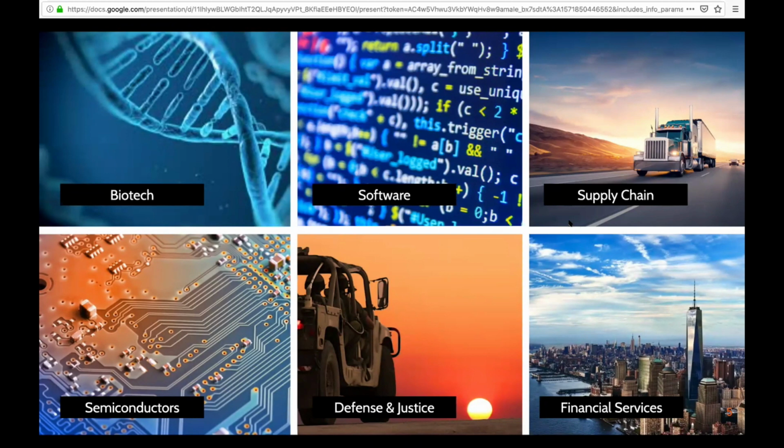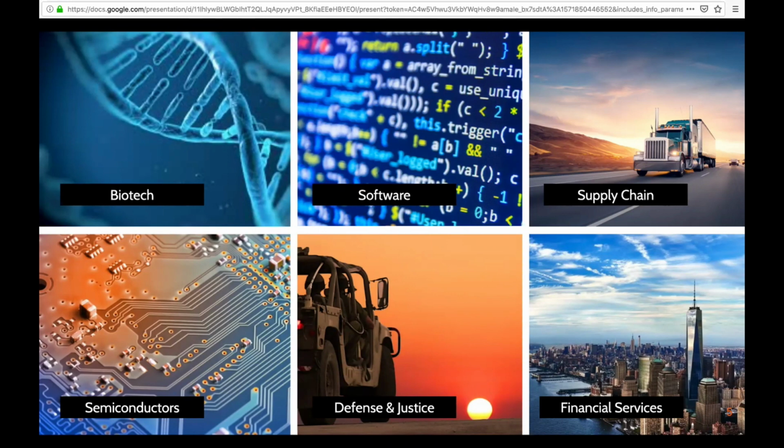We've done some work there. Lots of stuff in high tech, software and hardware, and then especially in the graph space, lots of work in defense and justice, looking for fraud and finding bad actors. So these are just some of the areas that we've done some work in.